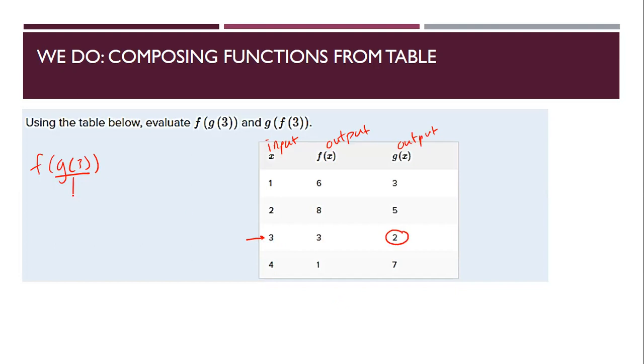So now we're replacing this with a 2. Now I'm going to go to x equals 2, and I'm going to go to f. So when I go to x equals 2 and I go to f, what do I get? 8. My final output is 8, and that is my answer.